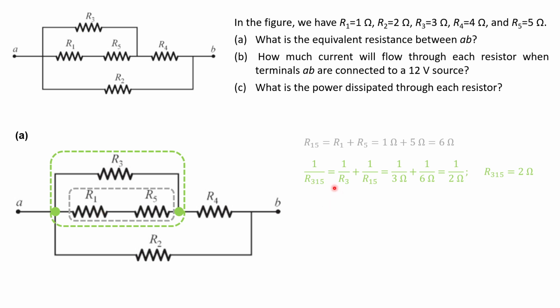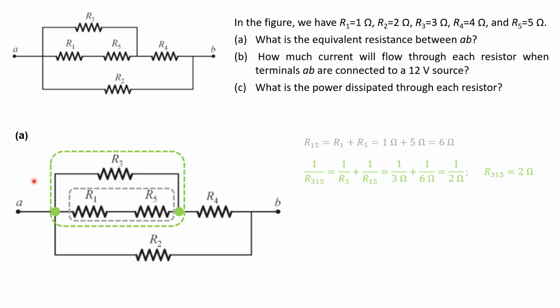So here, 1 over R sub 315 is equal to 1 over R3 plus 1 over R sub 15, which is equal to 1 over 3 ohms, because it's given here, plus 1 over 6 ohms, which we found here, which equals 1 over 2 ohms. So R sub 315 has to be equal to 2 ohms.